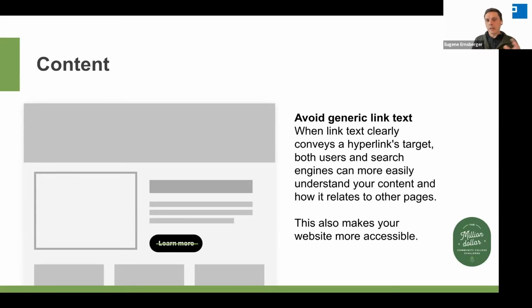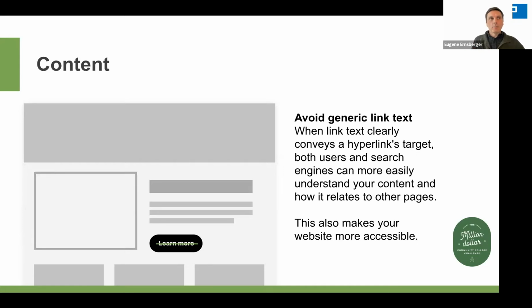And you see this a lot. Click here, learn more, things that make sense as an action, but they don't actually provide better context for what we're about to engage with. So it's better for people and it's better for search engines if we can replace that with something a bit more meaningful.